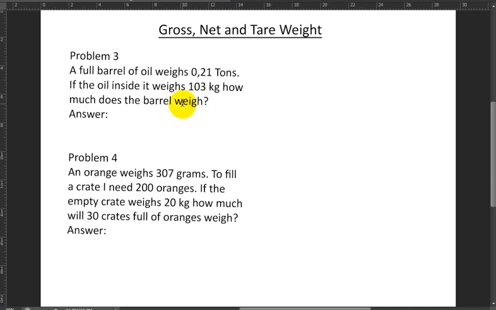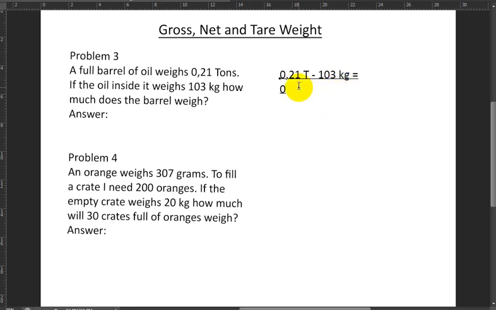But what am I subtracting from what? Well, I need to subtract the net weight, which means the oil, from the gross weight, which means the full barrel. So I need to do 0.21 tons minus 103 kilograms. Now, again, they are in different units of measurement, so I'm going to choose to convert the tons into kilograms.